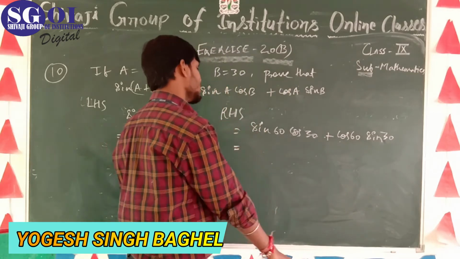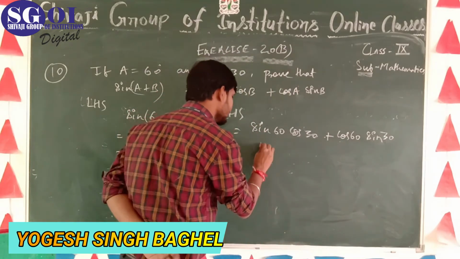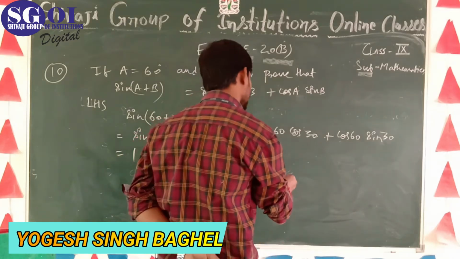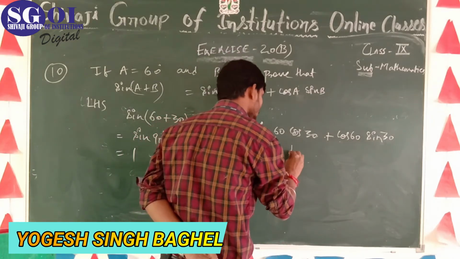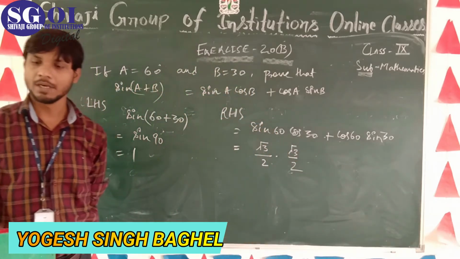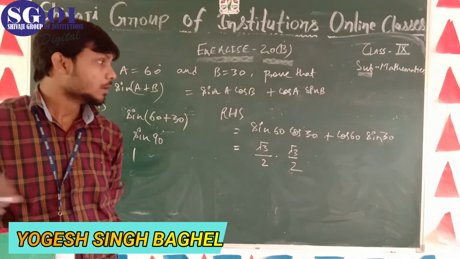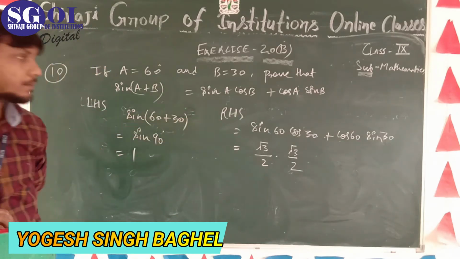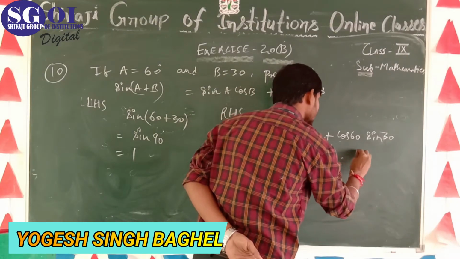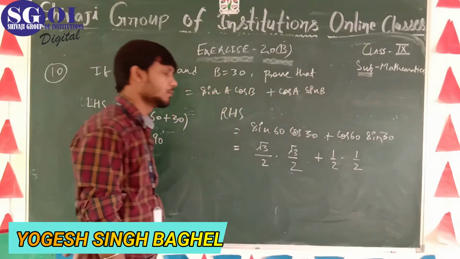So sin 60 is root 3 by 2, cos 30 is root 3 by 2, and cos 60 value is 1 by 2, sin 30 is 1 by 2.